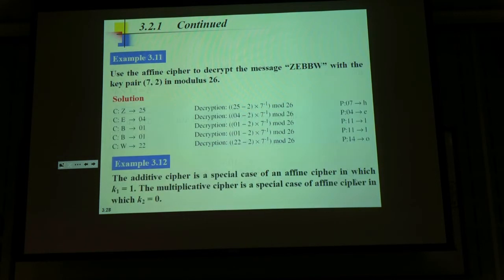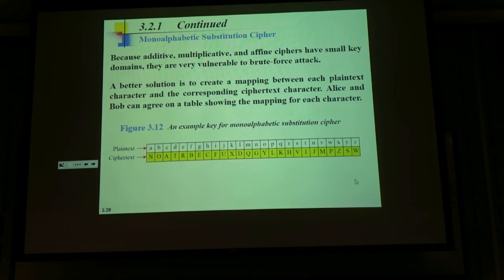Then you do the reverse: you subtract the additive inverse, and you multiply it by the multiplicative inverse. Clear?